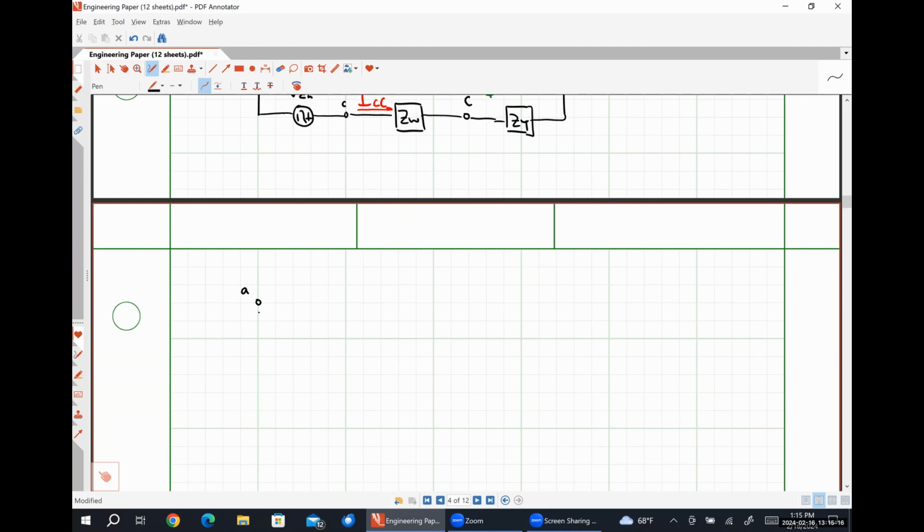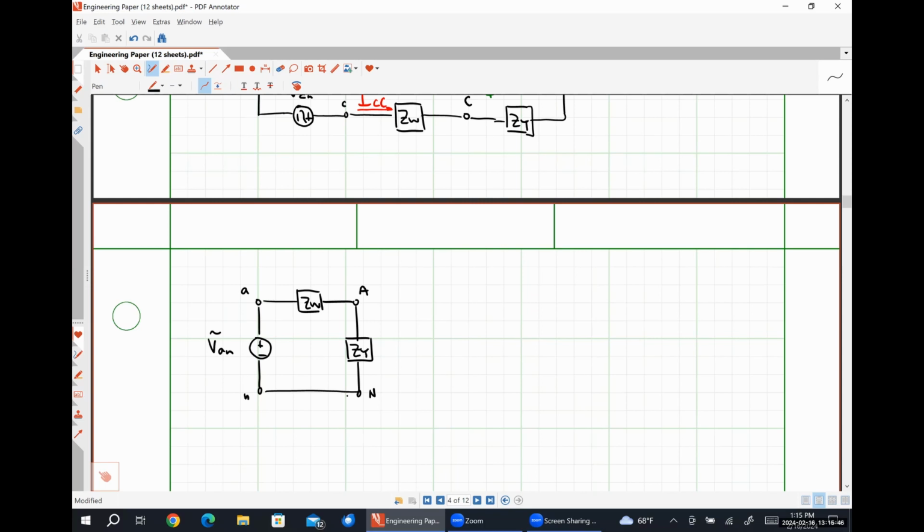So here's A. Here's the voltage VAN. Here's ZW. ZY. And close our circuit.